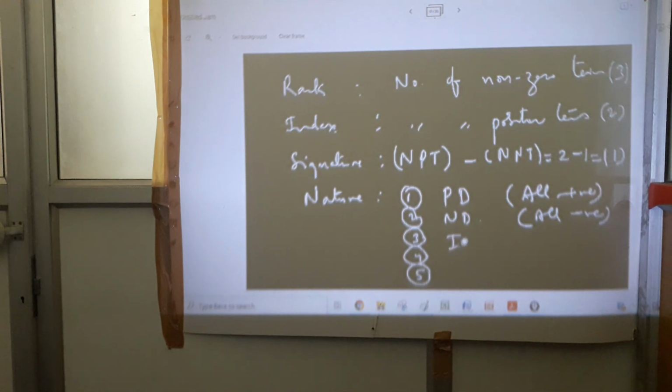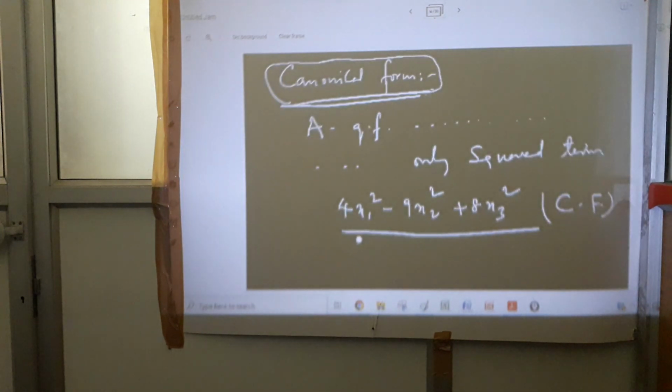And indefinite if both positive and negative are available. Semi comes when 0 appears: positive semi-definite if 0 is there and the remaining are all positive, and negative semi-definite if 0 comes and the remaining are all negative. So this is how we define the nature. So what is the nature of this quadratic form? It is indefinite.